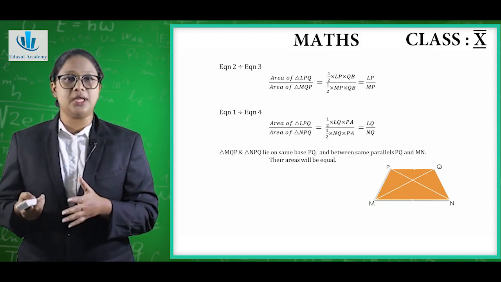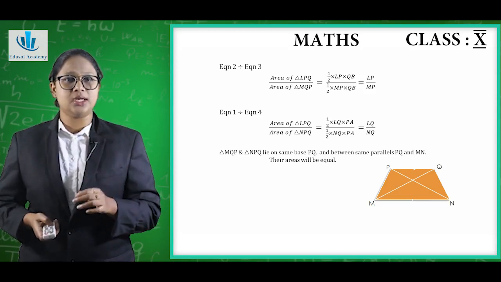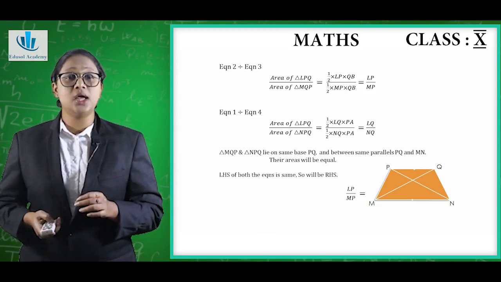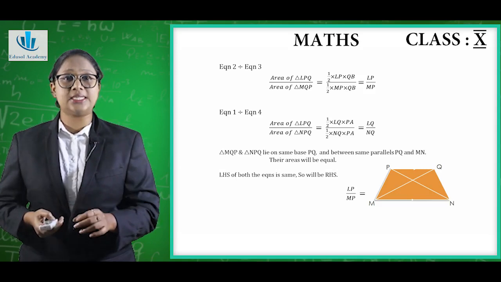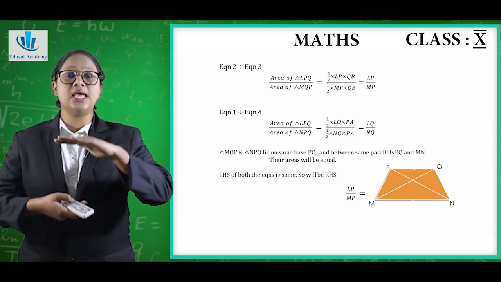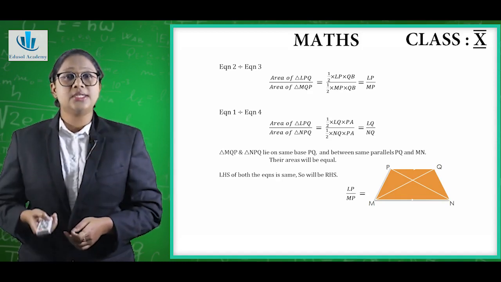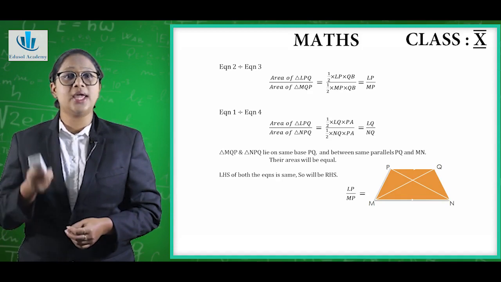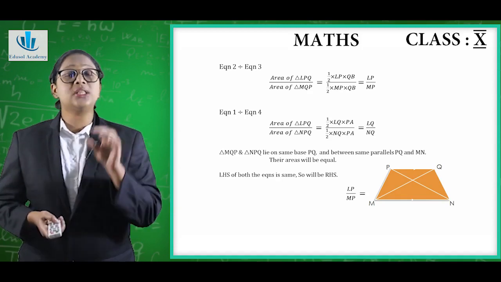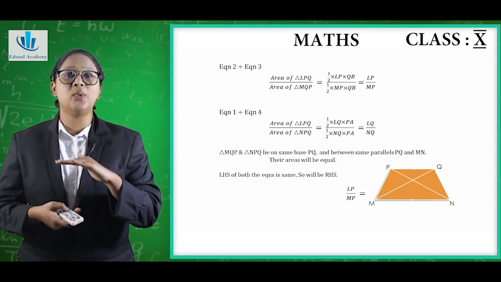Now we have to recollect a topic that we studied in 9th standard, that for any two triangles that lie on the same base and between the same parallels, their areas are equal. So as we can see, triangle MPQ and triangle NQP lie on the same base PQ and in between the same parallels PQ and MN.